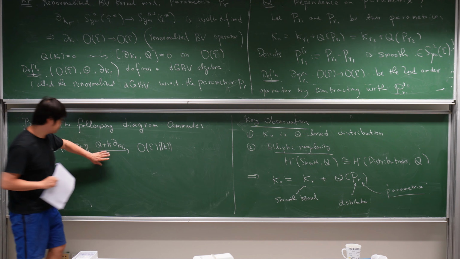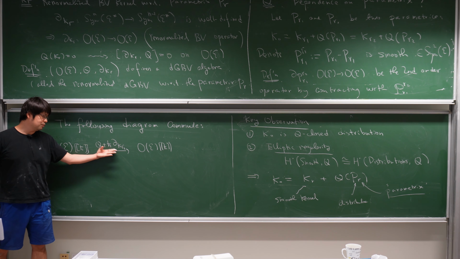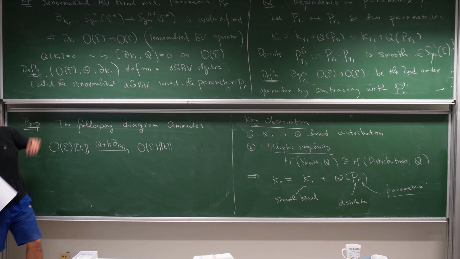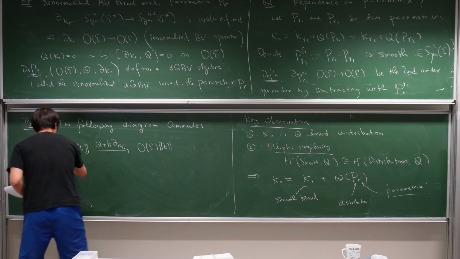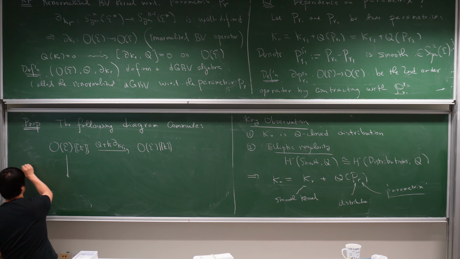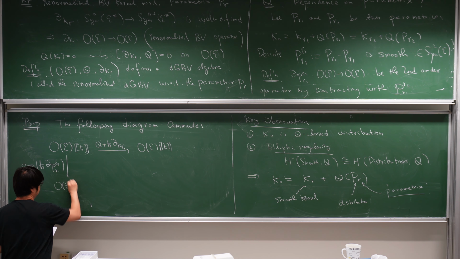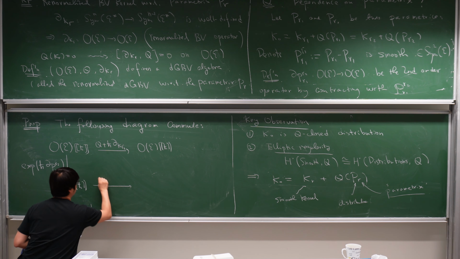And then I want to say, if you change the parametrix, the corresponding BV operator will be chain homotopic by a different operation. Formally, this is given by the following expression: exponential of h bar times this order 2 differential operator. You do a power series expansion of this, and this operation intertwines the two different BV operators.